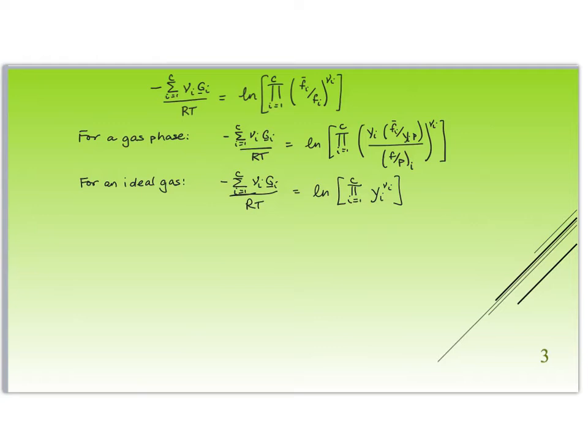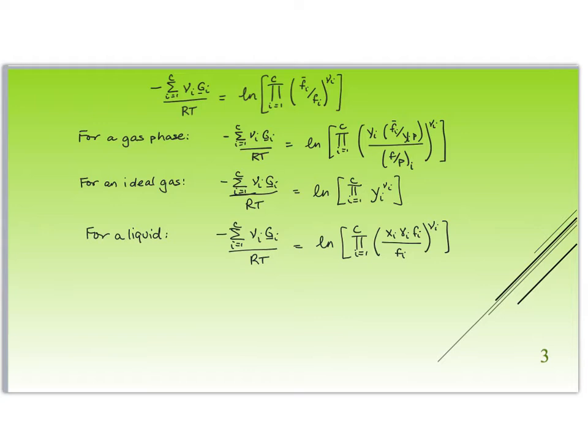Now what about liquids? In this case, the fugacity of i in this mixture is x i times gamma i, the activity coefficient, times the fugacity of the pure species. Of course, those cancel, leaving us with the much simpler log of the products of the x i's times the activity coefficients to the nu i powers.